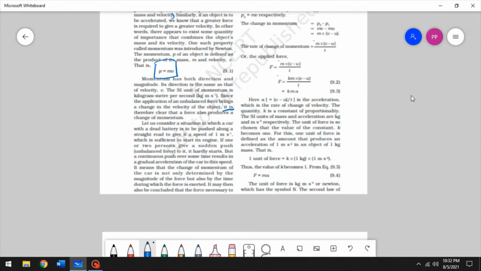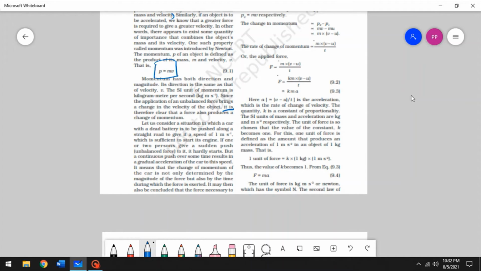But they're talking about the influence of mass and velocity along with the influence of time. So imagine that same person standing a little away from the pool. If you give them that 1 second push, that won't be enough.